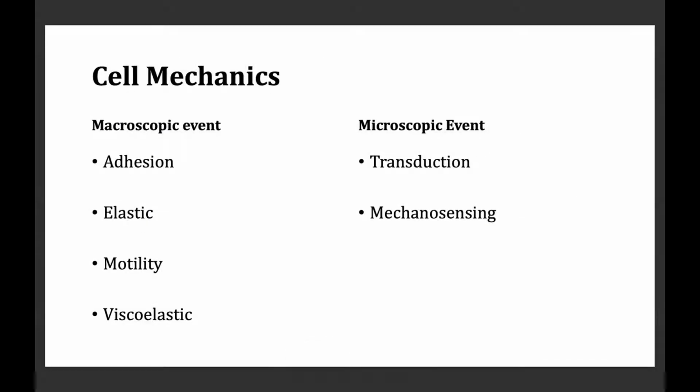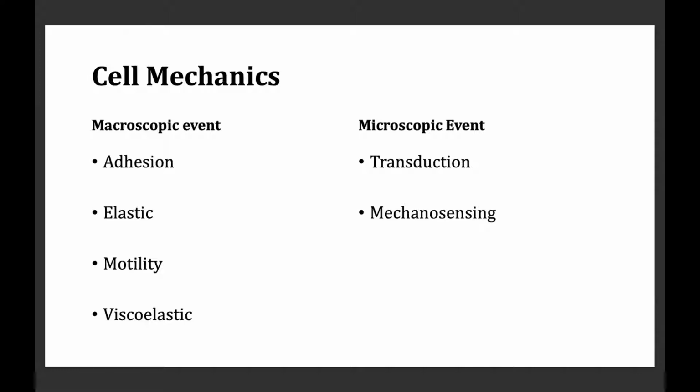So cell mechanics falls under two major categories. We have microscopic events and also the macroscopic aspect. And one of the microscopic events which we normally study are the adhesion of cells, how elastic they are, and how all this can affect the way they move. And from previous studies, we realized most cells are viscoelastic in nature.